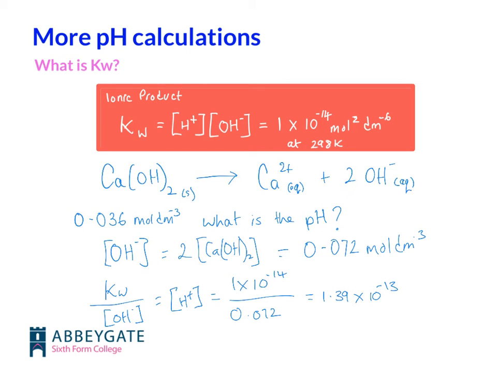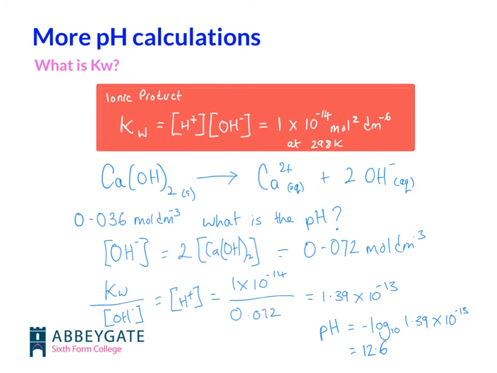And then if I know my hydrogen ion concentration, I can work out the pH. So pH is equal to negative log base 10 of 1.39 times 10 to the minus 13, which is equal to 12.857, so 12.9.